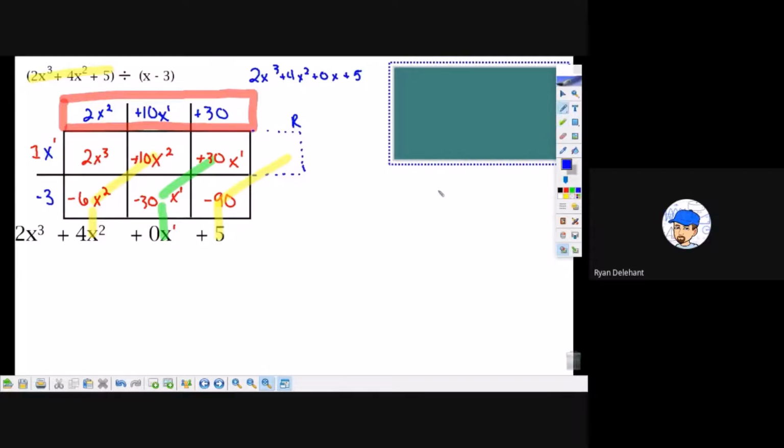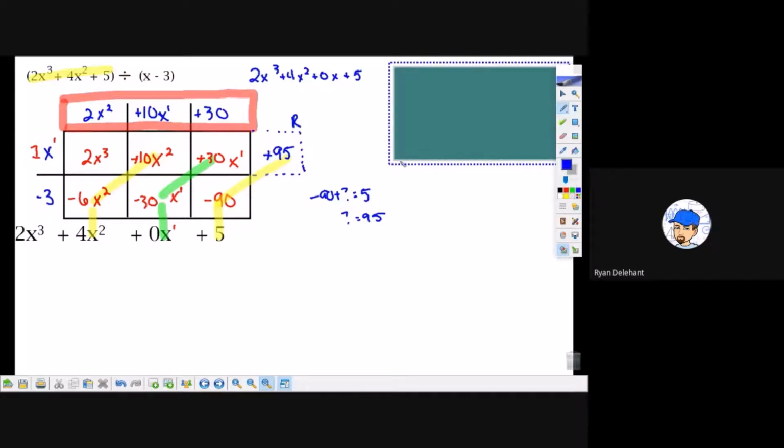So let's actually list that out. -90 plus something equals 5. Just treat the question mark like a variable. Add the 90 to the other side. It tells us that has to be +95.